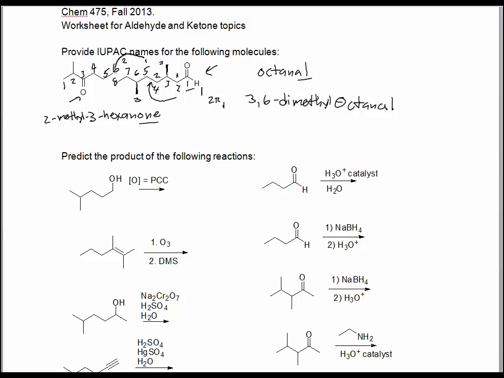And so here we finally see an S stereochemical designation, 6S. So 3R, 6S, dash 3,6-dimethyloctanal. And I can erase that little bit there, turn that into actual octanal, no spaces.